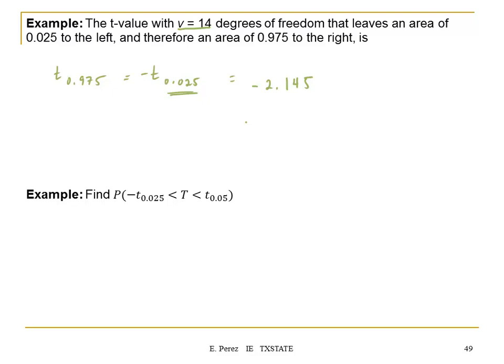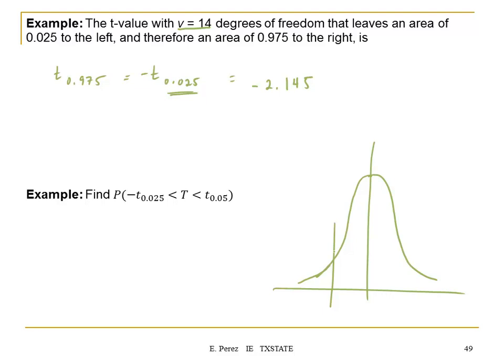Okay, so the other example I have here is to find the probability of t being between negative t of 0.025 and t of 0.05. If you look at the curve, again, this is bell shaped. You have an area of t of 0.025 here, and then you have another area here, t of 0.05.